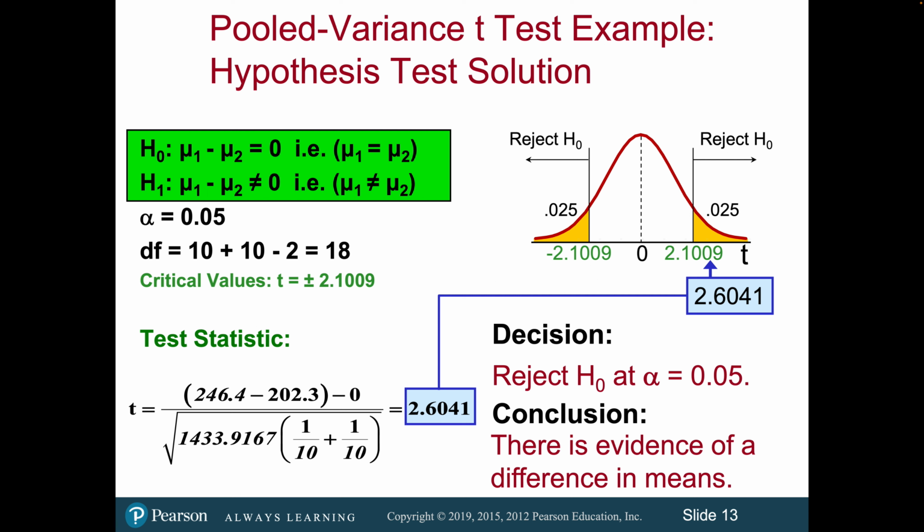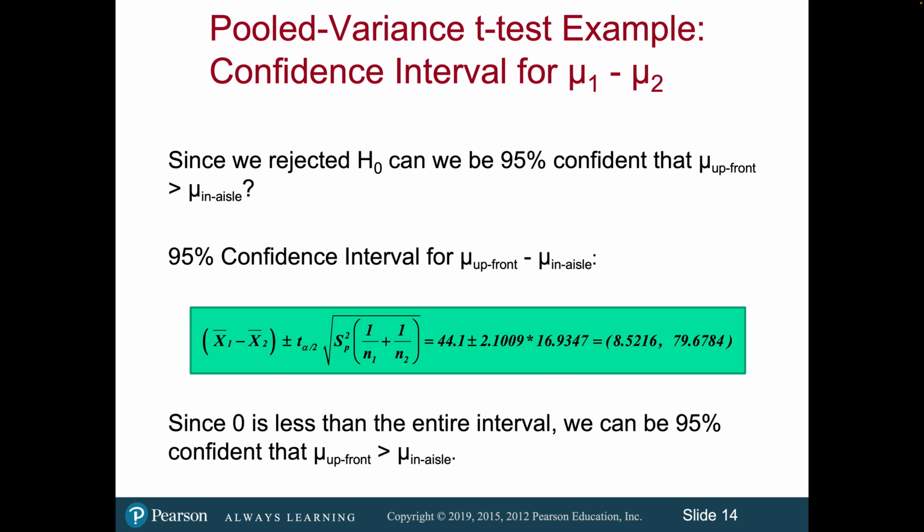So since 2.6041 falls outside the bound between the critical values, it falls in the reject region, so we would reject H sub 0. There is evidence of a difference in the mean, so it does appear that the one marketing strategy is statistically significant and better than the other.